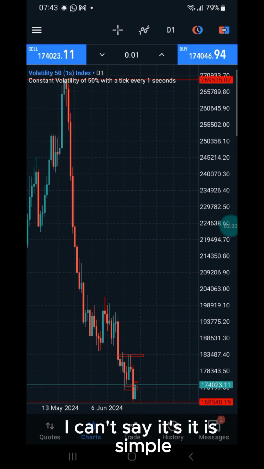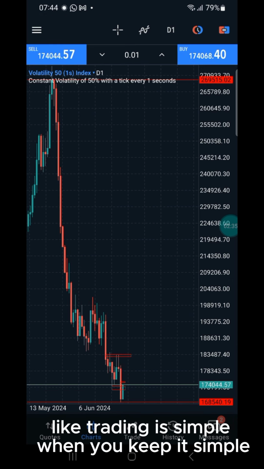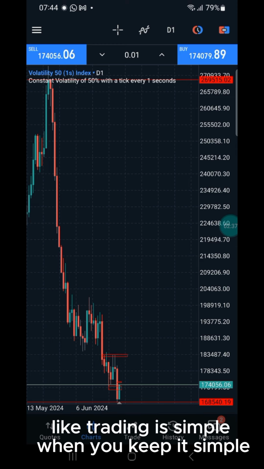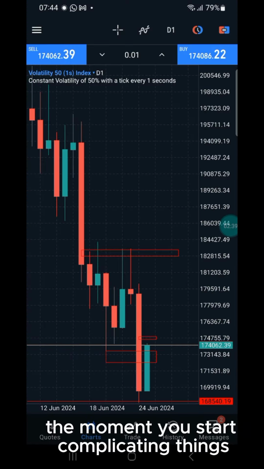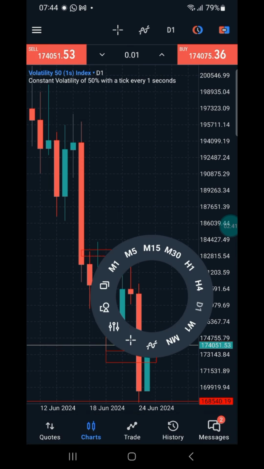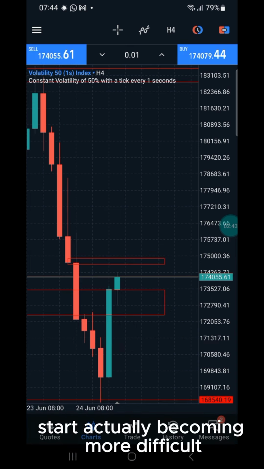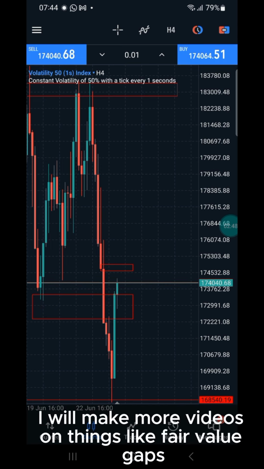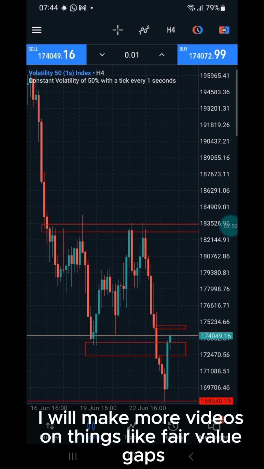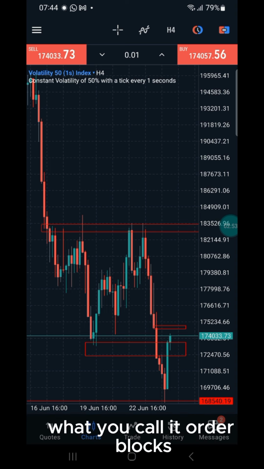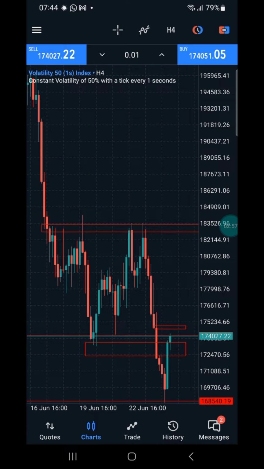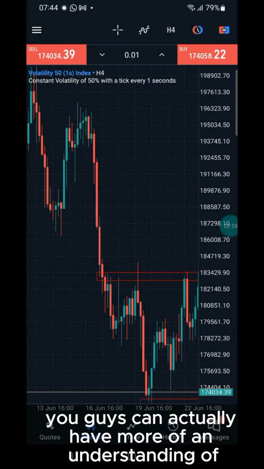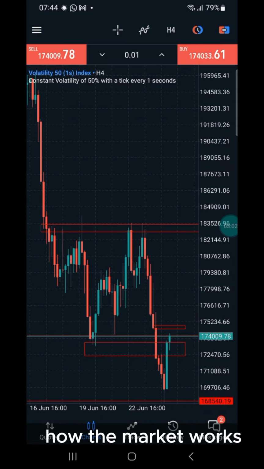So yeah, guys, trading is simple when you keep it simple. The moment you start complicating things, that's the moment things start actually becoming more difficult. So yeah, I did say I will make more videos on things like fair value gaps and order blocks, so you guys can have more of an understanding of how the market works.